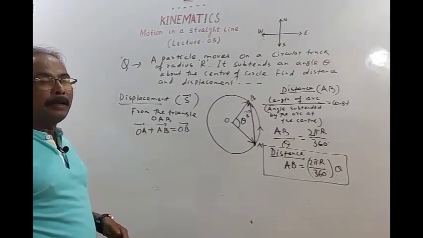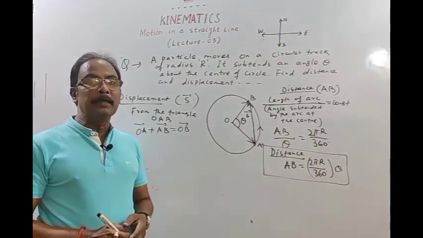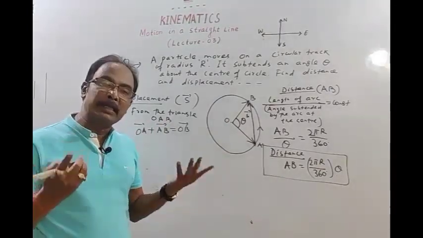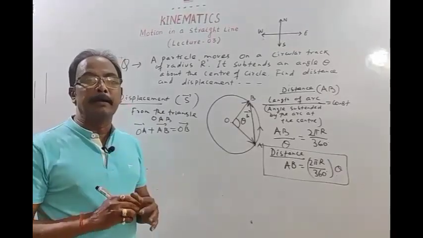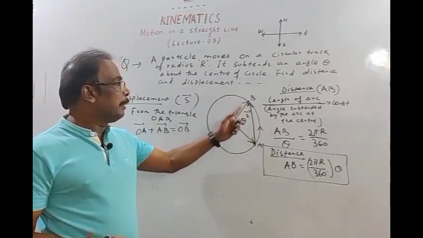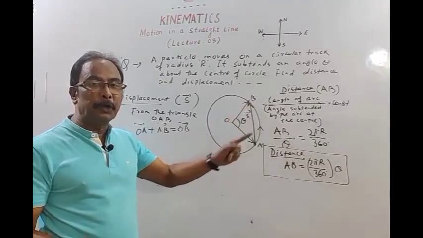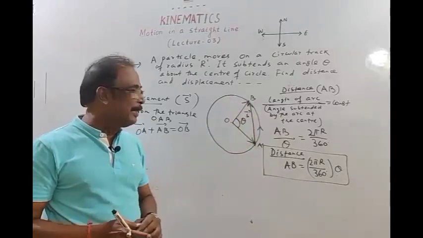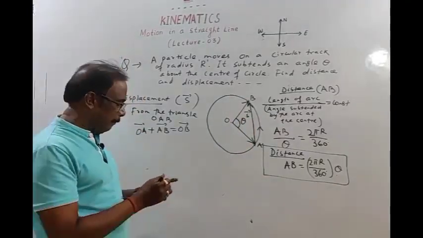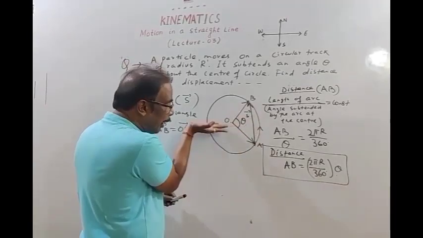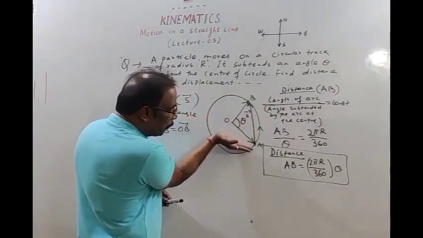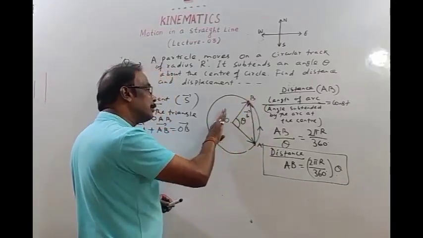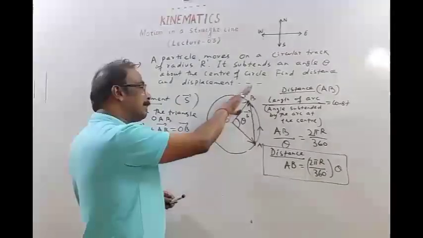You know the triangle law of vector addition: if two vectors are represented by two sides of a triangle in magnitude and direction taken in the same order, then the third side, taken in the opposite order, represents the resultant of the two vectors. In the triangle OAB, OA and AB are in the same order, from O to A, then from A to B, in anti-clockwise order, and the third side is in the opposite order, in clockwise order.